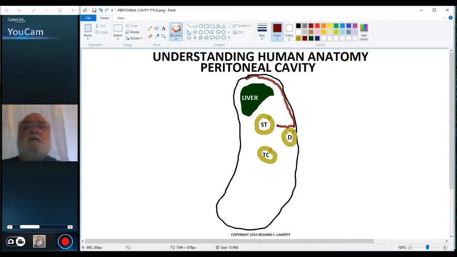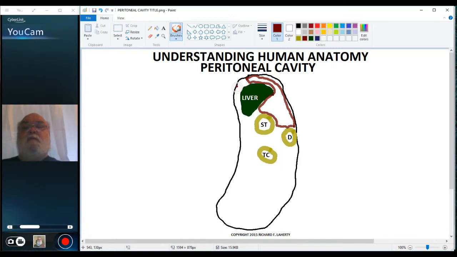But then the dorsal mesogastrum comes over to the stomach. We have the visceral peritoneum, lesser omentum, and then around the liver as visceral peritoneum. And then half of the falciform ligament.